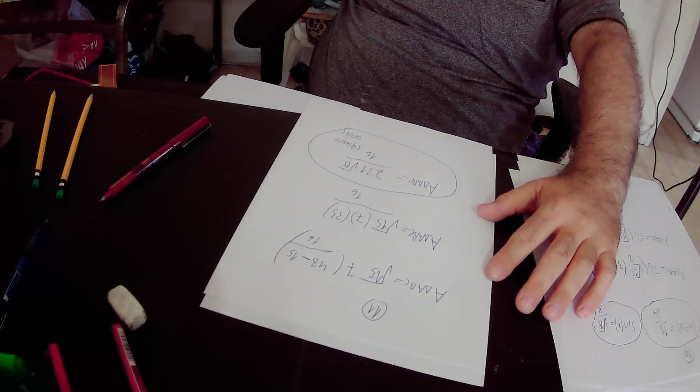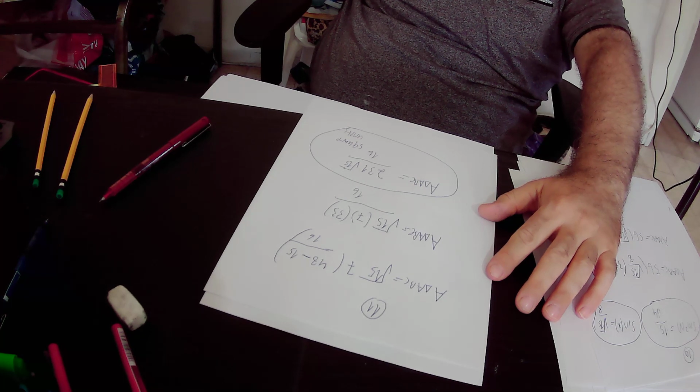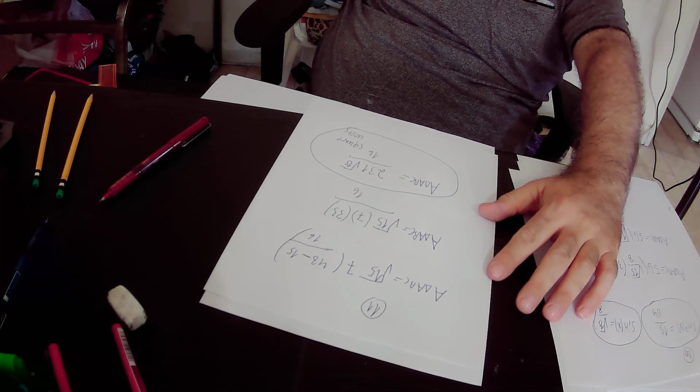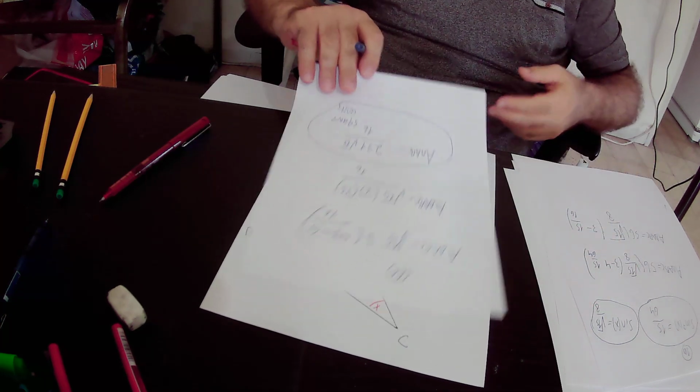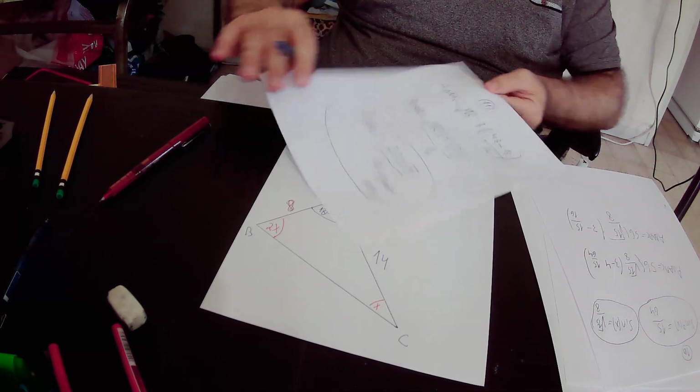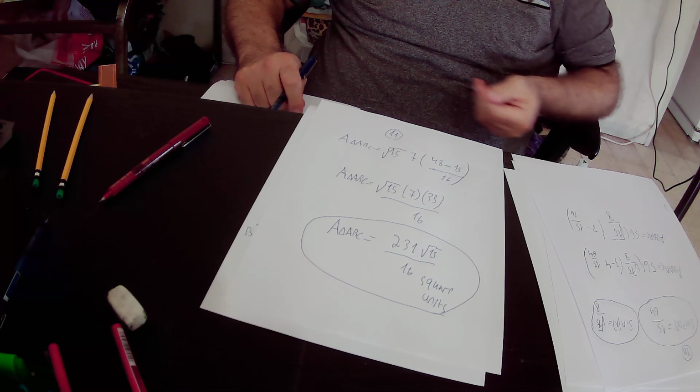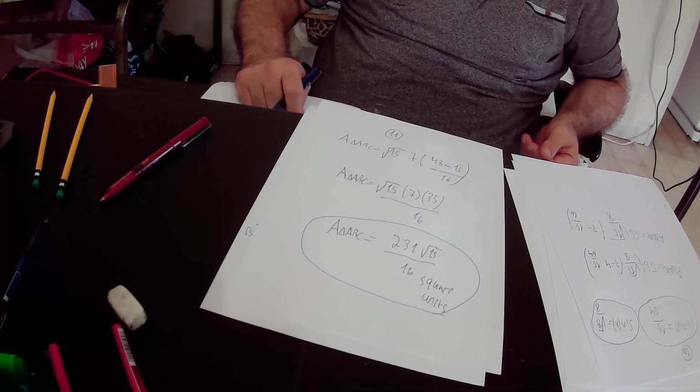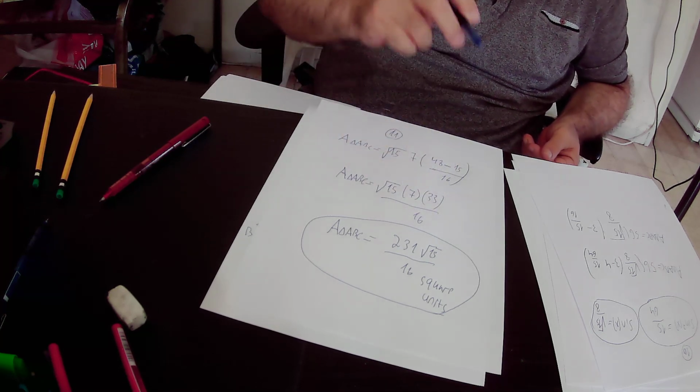So we found out that the area of triangle ABC equals 231 times root 15 over 16 square units.